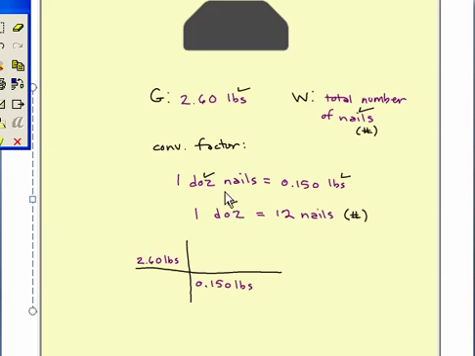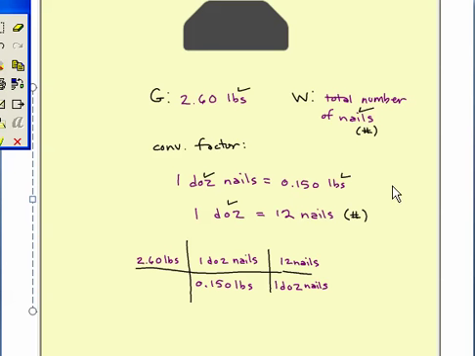And then the other half of my conversion factor is a dozen nails. I have dozen nails up here, so I need dozen down here. There's my 1. And 1 dozen nails is equal to 12 nails.